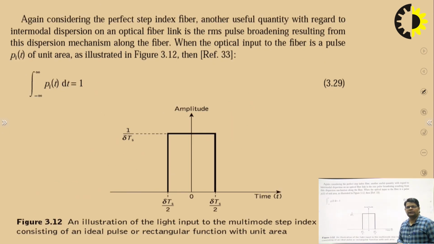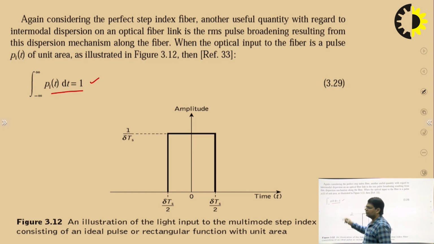Now for calculating the pulse broadening due to intermodal dispersion, we are considering an input pulse with a unit area and the corresponding output pulse. We can check the broadening or spreading of the light pulse. So this p_i(t) is the input pulse with unity area with limits minus infinity to plus infinity.